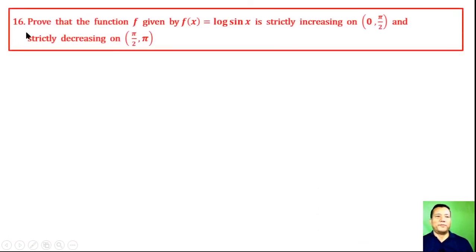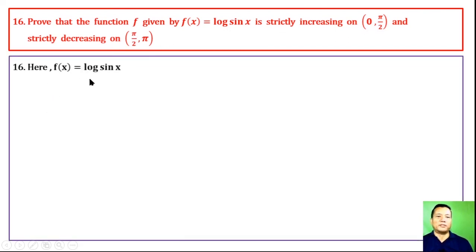Question number 16. Prove that the function f given by f of x equal to log of sine x is strictly increasing on the open interval 0, pi by 2 and strictly decreasing on pi by 2, pi. Let us prove. Here f of x is log of sine x, whose derivative is 1 by sine x into cos x, that is cot x.